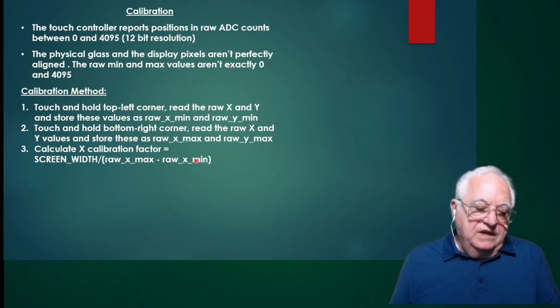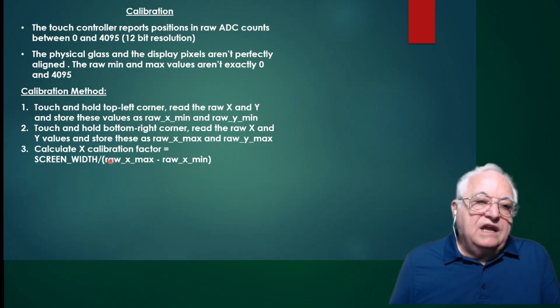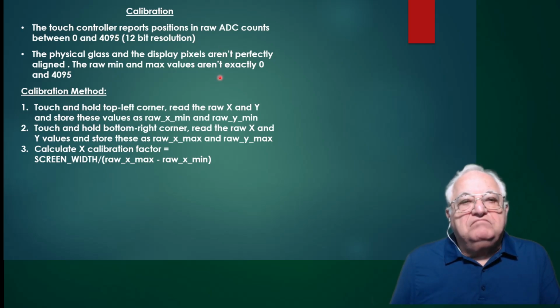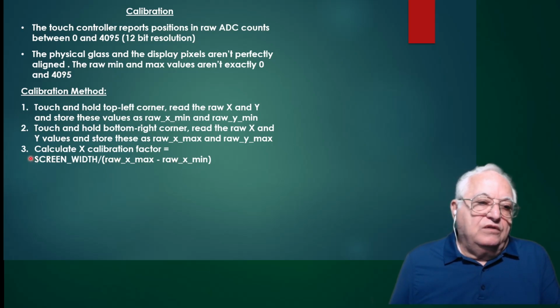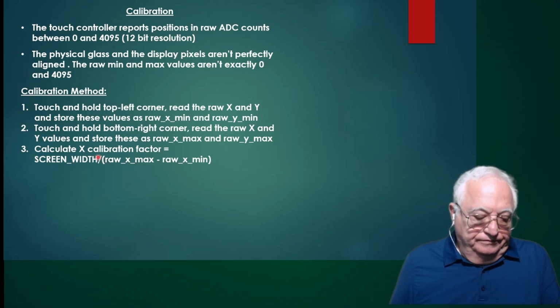So in our case, I would take the 240 and divide it by the number of, I could call it ticks, number of units that I get from the resistive touch. So I can say that the touch controller is going to give me between 0 and 4095 units. And now I have to figure out what they represent when it comes to the display, which is 240 by 320. So I take the 240 for the X, and then I see how many units are in the whole width.